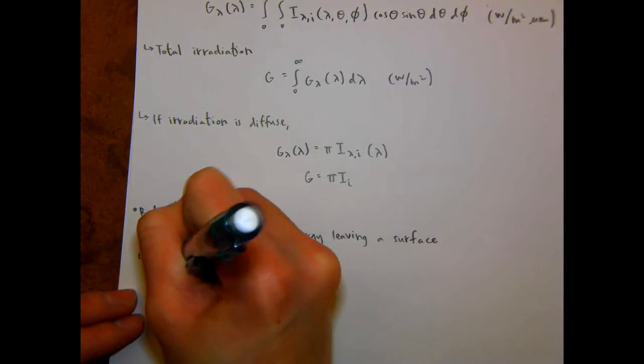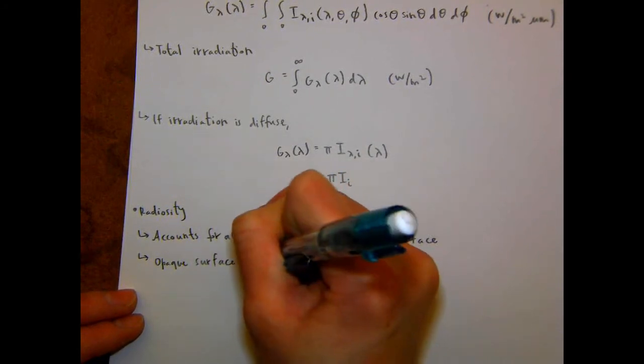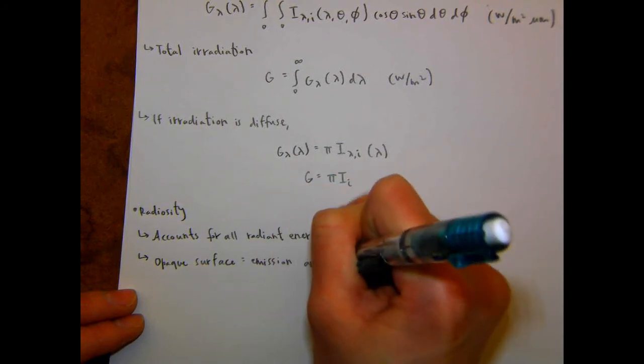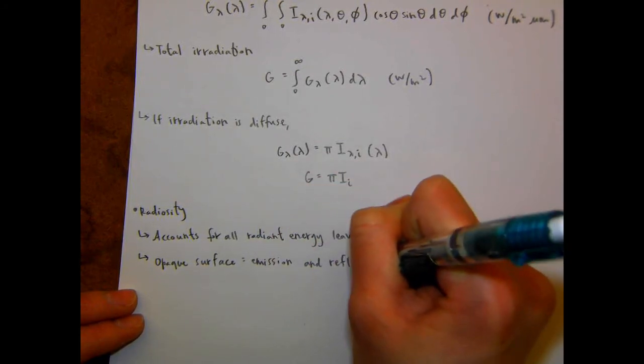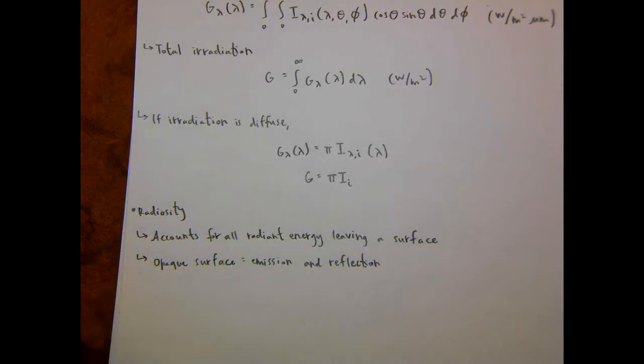For an opaque surface, which we typically restrict our analysis to, this is emission and reflection. So incident radiation can be absorbed, emitted, transmitted, or reflected. For an opaque surface, there's no transmission. So the total radiant energy leaving a surface will be, for an opaque surface, emission plus just reflection.